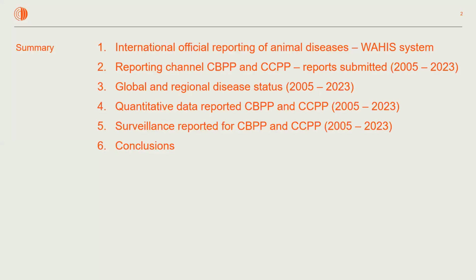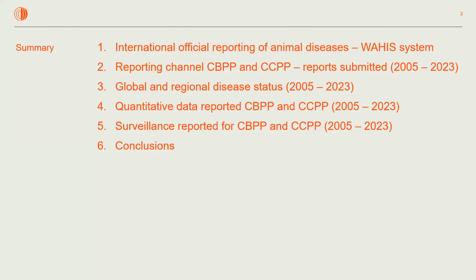Okay, so I will try to go through this presentation in 20 minutes and to cover briefly the international official reporting of animal disease in general. So how the data collection process is organized in WAHIS, and then to look more specifically at CBPP and CCPP with the report submitted, the global and regional disease status for these two diseases.